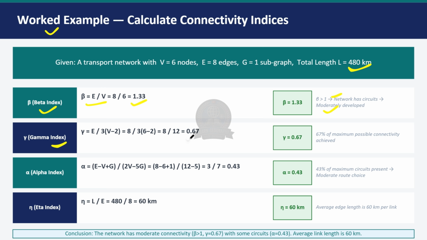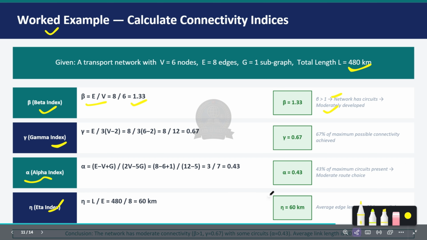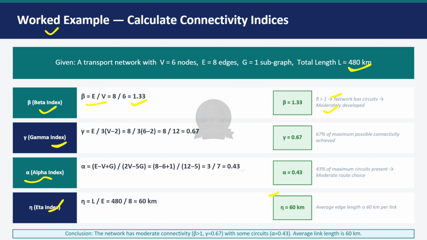Gamma index 0.67 means 67% of maximum possible connectivity achieved. Alpha index 0.43, this is the formula, 43% of maximum circuit presence, which means moderate route choices. Eta index 60 km means the average edge length is 60 km per link. The network has moderate connectivity with some circuits, and average link length is 60 km.